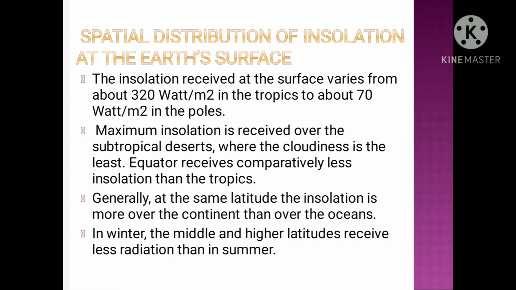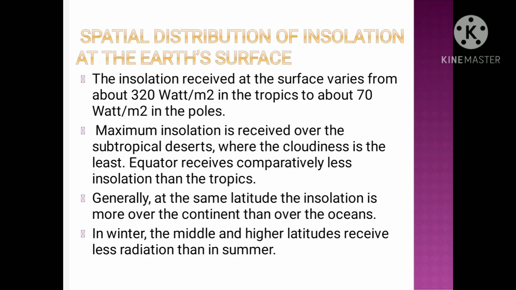So basically, how is insolation distributed over space? In the equator and tropical region, the insolation received is maximum, and in the middle latitudes or the higher latitudes, the insolation received is minimum. The equator receives less insolation as compared to tropical areas because of evaporation.